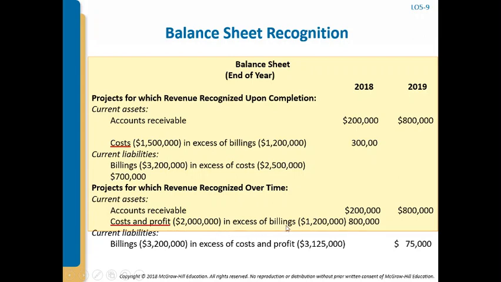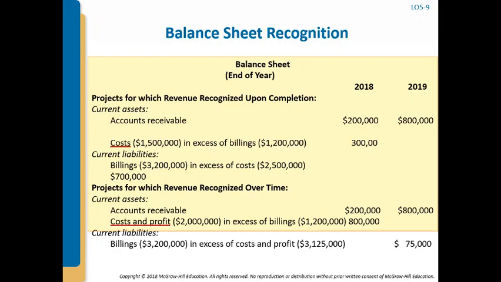They only billed 1.2 million, so they recognize an asset here of the excess between the two. So they call it costs and profit in excess of billings. So some special kinds of accounts for construction contracts or construction companies that have these kind of contracts.